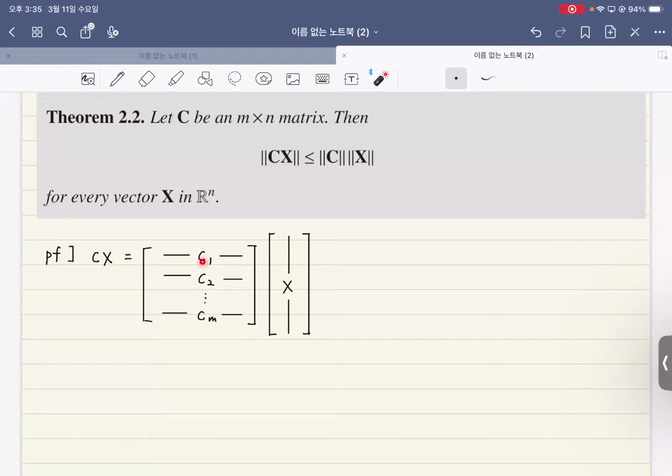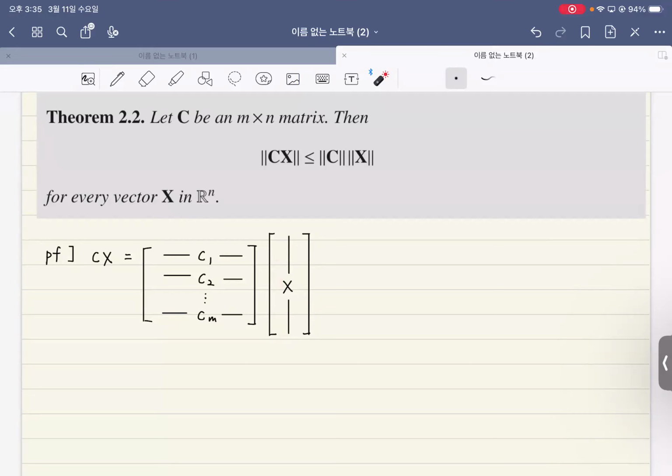So what does it mean? I draw this horizontal line just to emphasize that all these rows are row vectors. These are the first row of the matrix C, the second row of the matrix C, and the last row of the matrix C, times the column vector x.